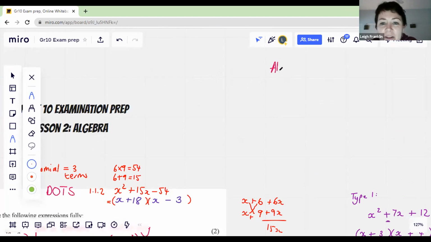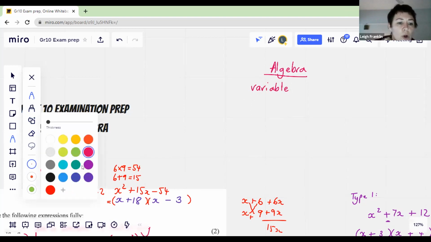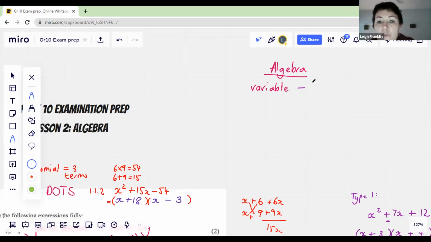Okay, so in algebra, let's talk first about a variable. Now in English, the word variable comes from the English word vary, to vary. And the word vary means that it can change. So in other words, a letter is going to be a variable.